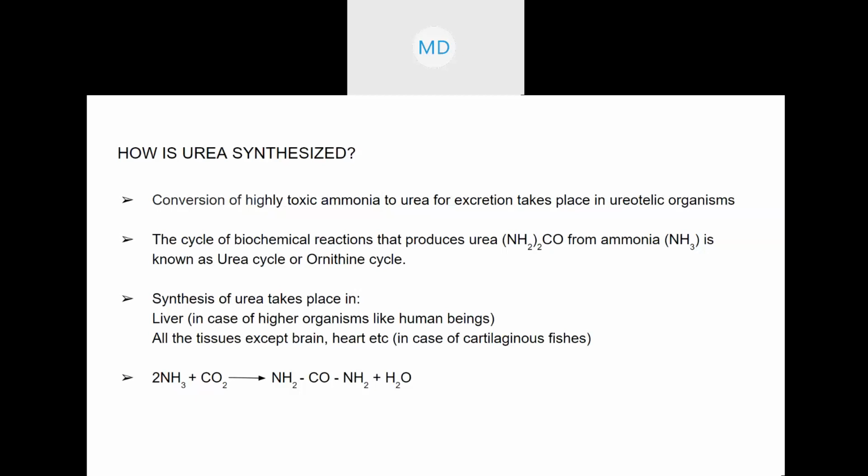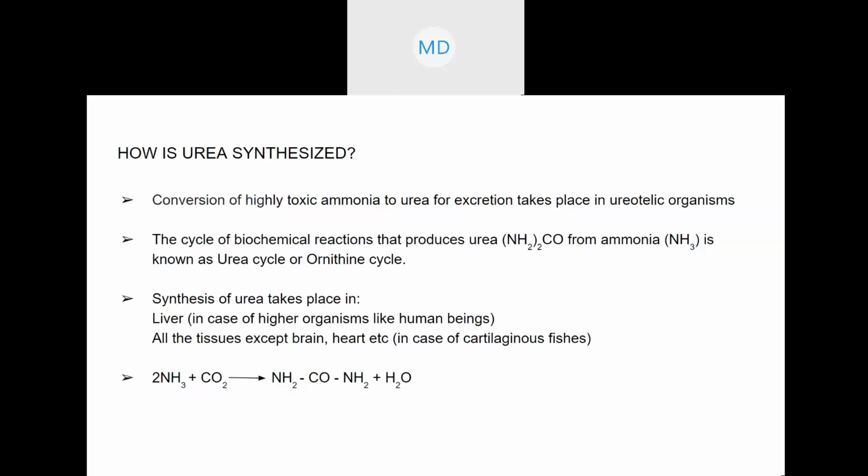In every organism, whether it is terrestrial or aquatic, whether it is ureotelic, ammonotelic or uricotelic, the initial step is formation of ammonia. Just listen very carefully. In ammonotelic organisms we have already learned that ammonia is formed, but in ureotelic organisms also, the first step is that ammonia is formed.